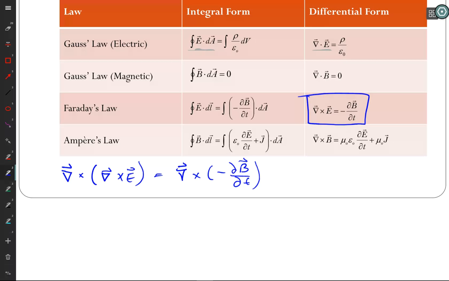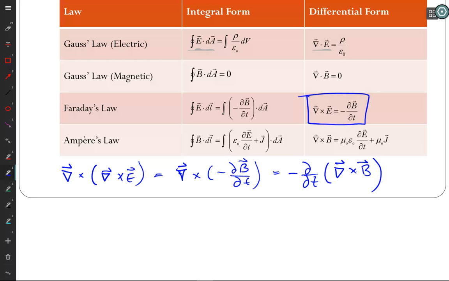Now, the del operator is independent of time, so I can move that through a derivative. So I can rewrite the right side as minus d/dt of del cross B. Does that make logical sense?